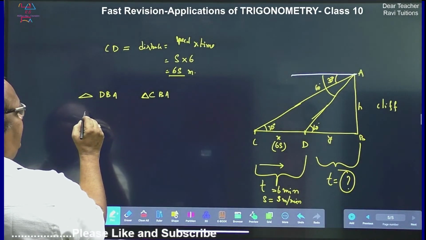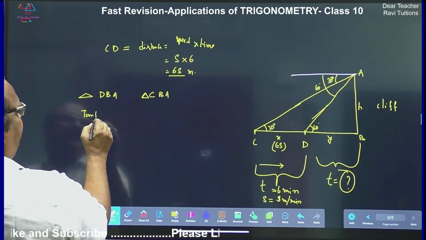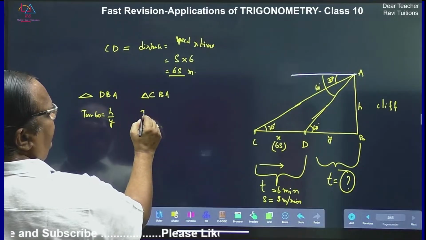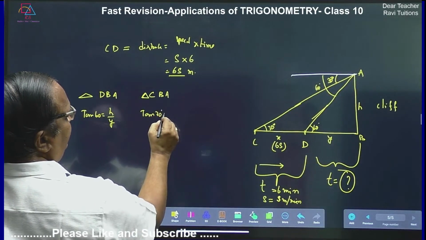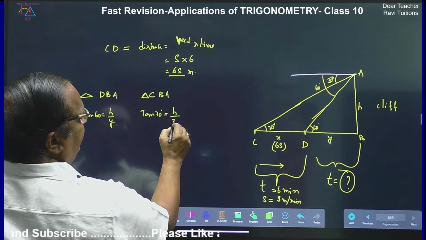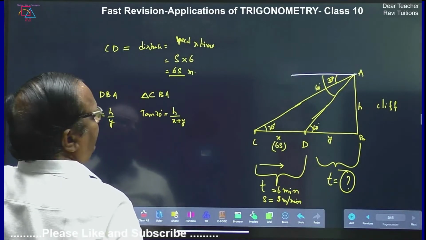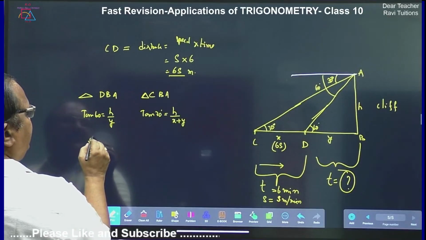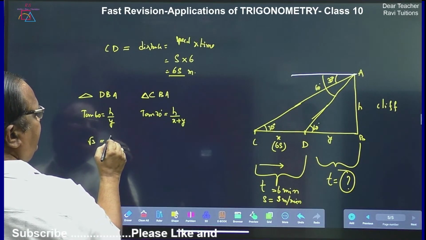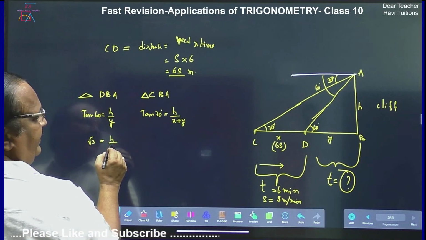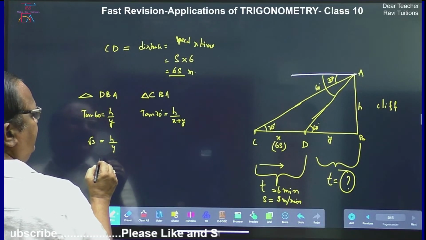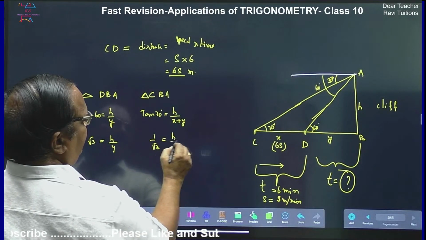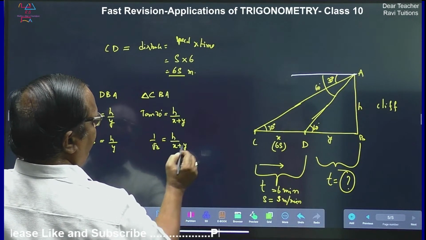In this, tan 60 degrees is equal to h by y, and tan 30 degrees is equal to h by x plus y. So now the x value we know. So root 3 is equal to h by y, y we do not know. So this is 1 by root 3 is equal to h by x plus y.